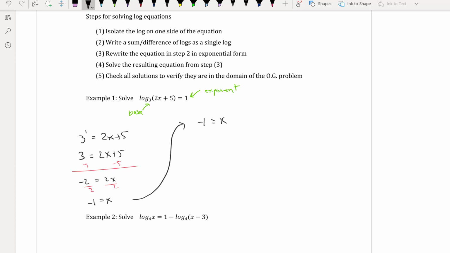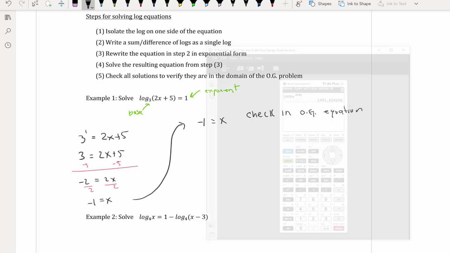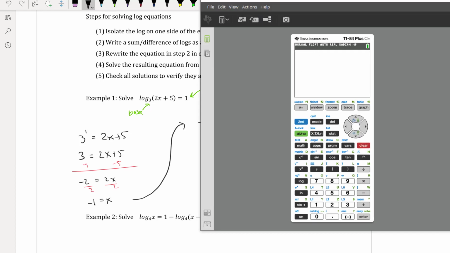And remember, before you box your answer, you want to check it in your original equation. So I'm going to bring up my calculator and plug that in.